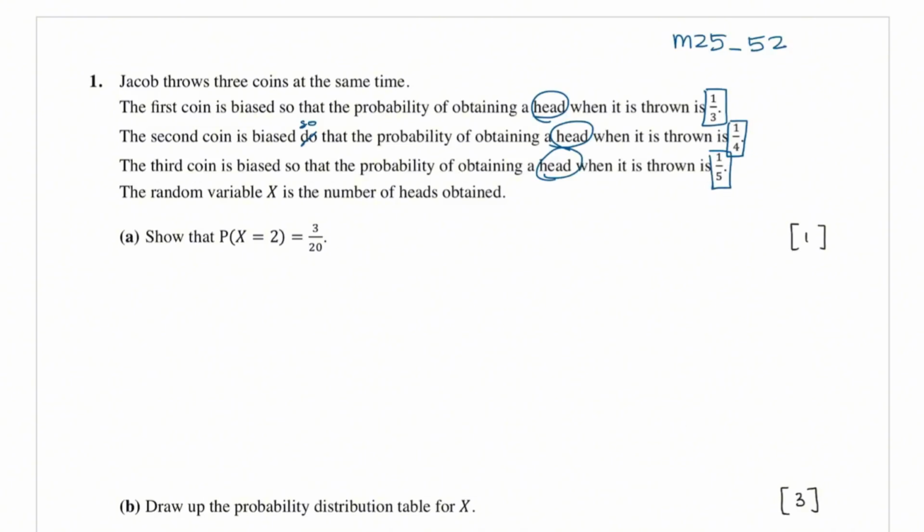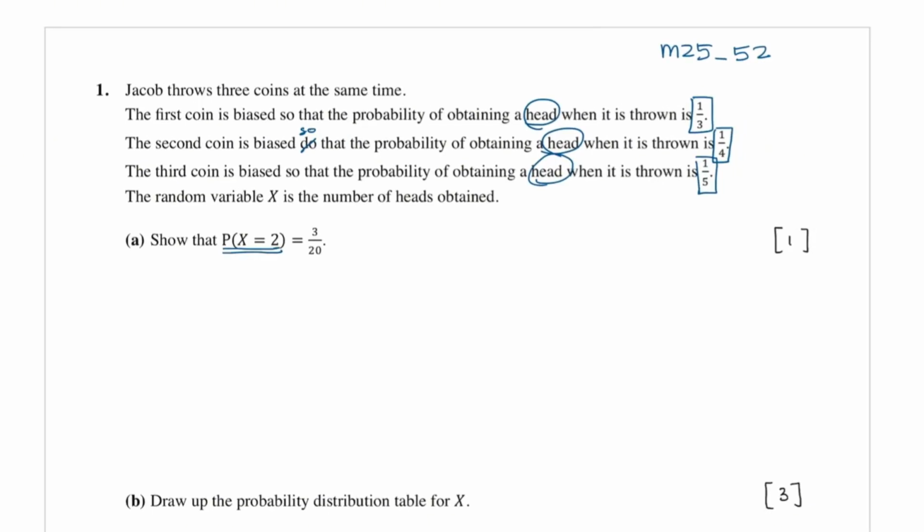Random variable x is the number of heads obtained. Show that the probability of x equals 2 is 3 over 20. P(x = 2) means the probability of you getting 2 heads. Now think about the situations which can give you 2 heads. I can get 2 heads when the first coin is head, the second coin is also head, and the third coin is a tail.